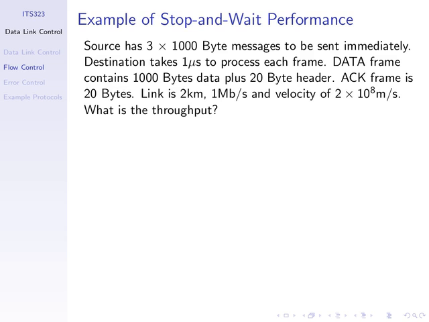Any more questions on this part? Any questions over here? What happens next then? The next data frame is transmitted. Good. Stop and wait. We have 3,000 bytes to send. We just sent 1,000. We stopped and waited for the ACK to be received. We're now allowed to send more. Since we have more to send, we'll immediately send more.